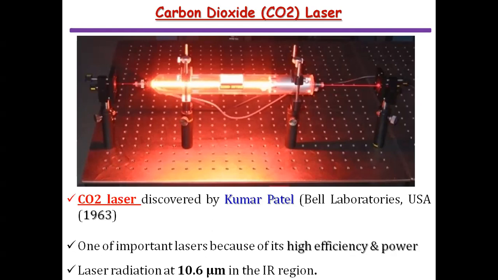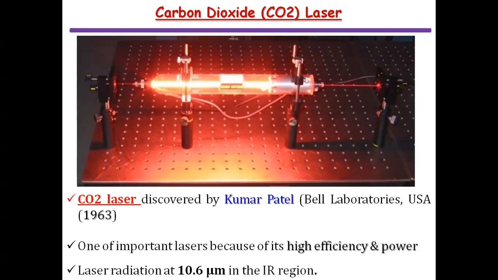I hope you know the use of these infrared radiations for night vision cameras. I hope you have seen the movie Uri, where the army strikes the enemy at night using these IR cameras.